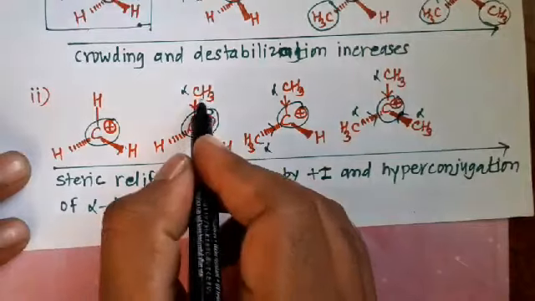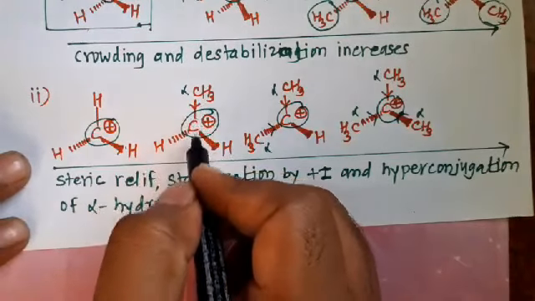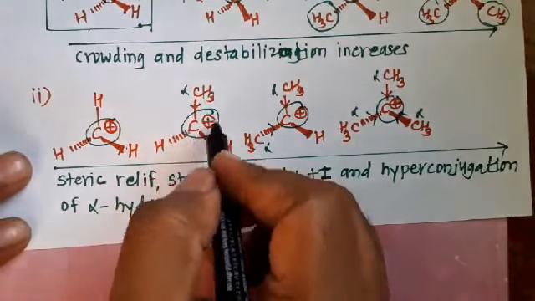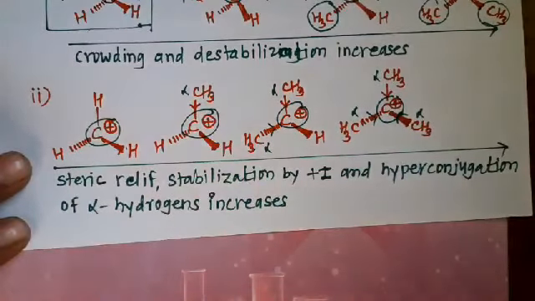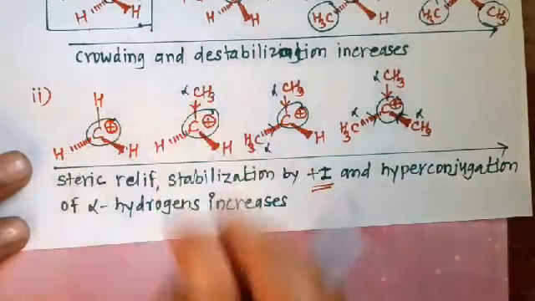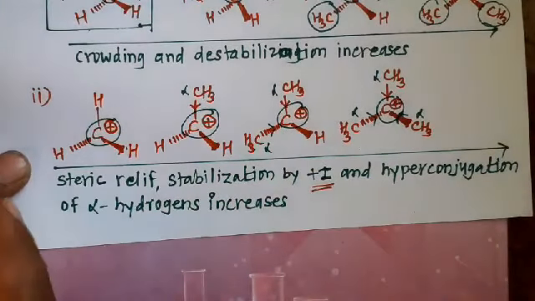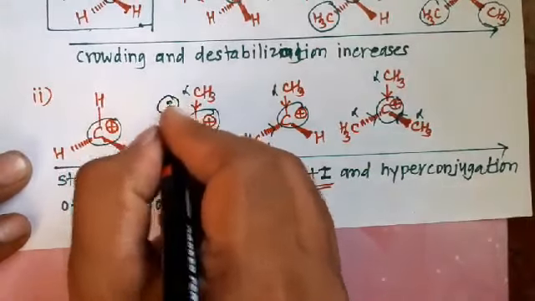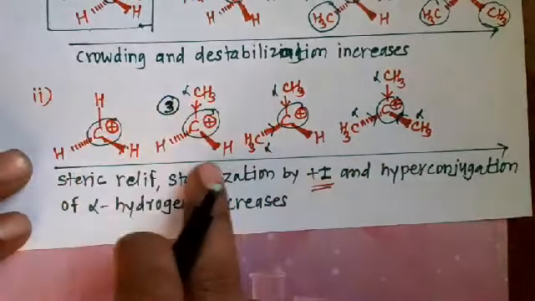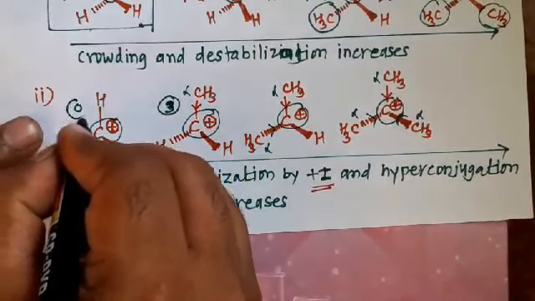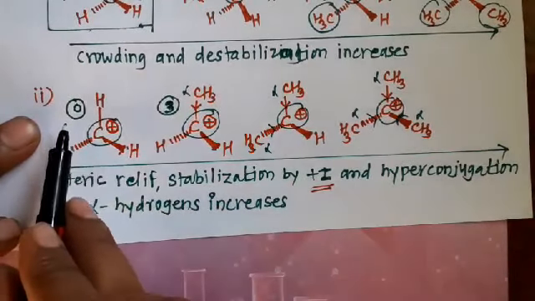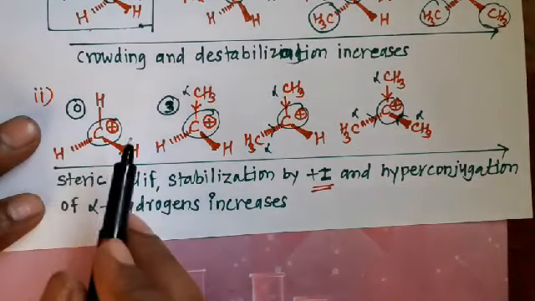Means this methyl group donates its electron to this electron deficient species, the carbocation, through plus I effect, and it has three hyperconjugating structures. We know that as hyperconjugating structures increase, stabilization also increases. Here the second structure has three hyperconjugating structures, but the first structure has zero hyperconjugating structures.